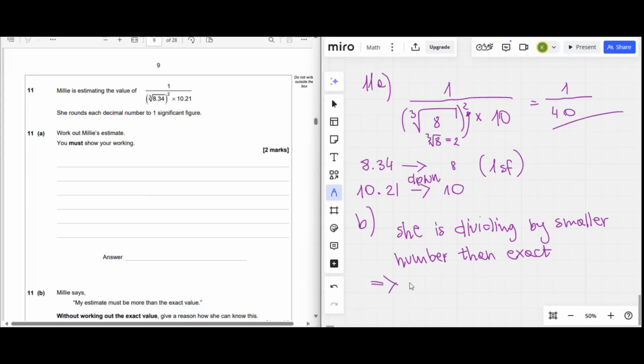So the result is then bigger. Co nie? Jak dzielimy pizzę na mniejszą ilość ludzi, to dostajemy większe kawałki. Im więcej ludzi, tym mniejsze kawałki. Czyli the result is smaller. Tak. If we are dividing by smaller number, the result is bigger. I już.